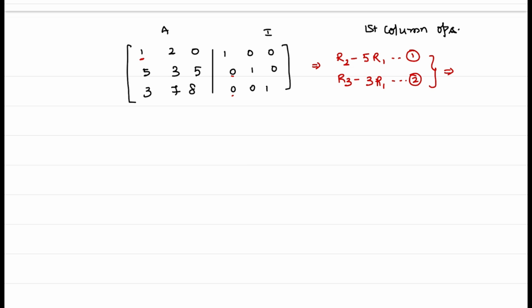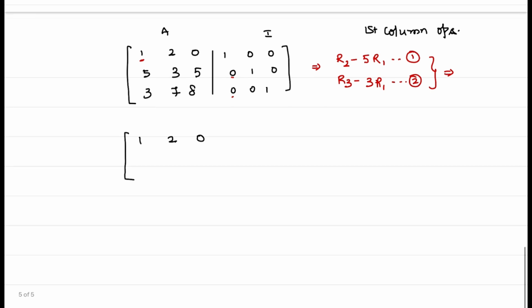What is it going to yield? 1 2 0. I have not operated anything on the first row, because I am using the first row to operate on the second row and third row. On the second row, R2 minus 5 R1. R2 first element is 5, minus 5 into 1.